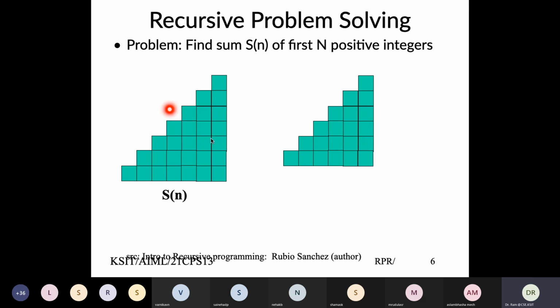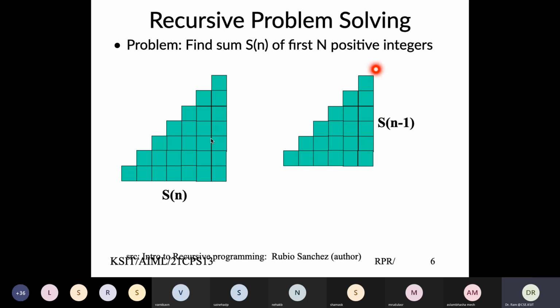If this is my Sn, and if I remove my last line, then this shape will represent S of n minus 1. This figure represents the larger problem of finding the sum of n numbers. If I remove the last row, this represents the sum of numbers 1 to n minus 1.